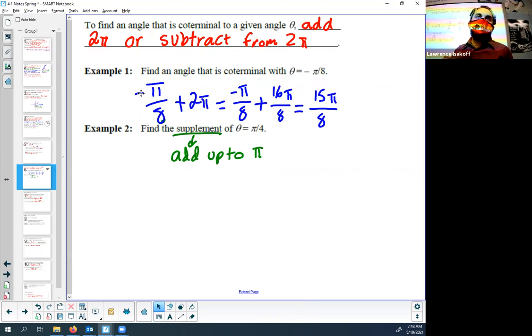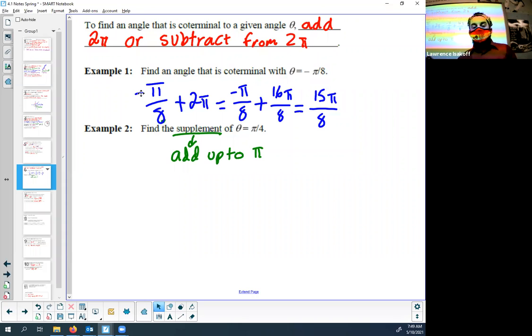If you gave me the decimal for 15 pi over 8, I wouldn't know what that is. I would not recognize that right away. That's why I need this exact answer. We're just going to leave it as 15 pi over 8.